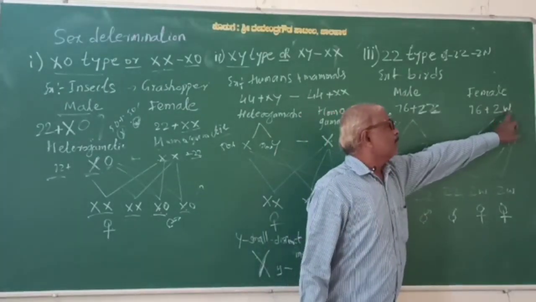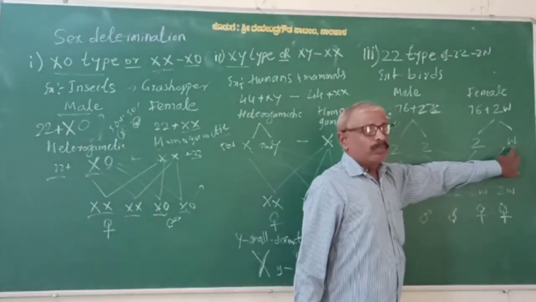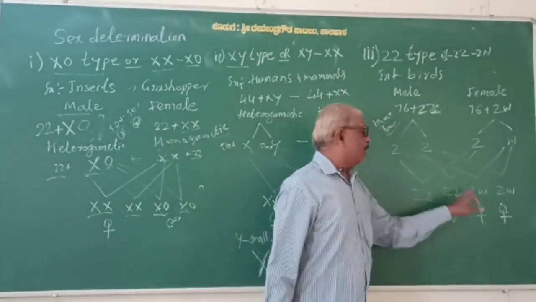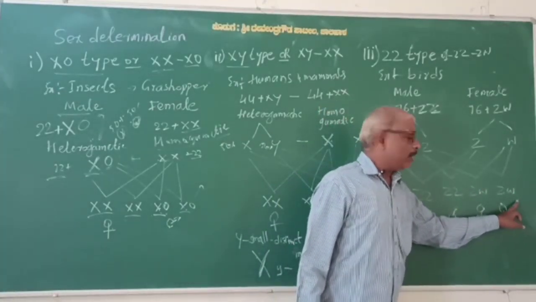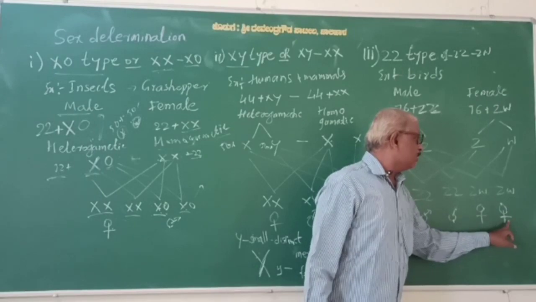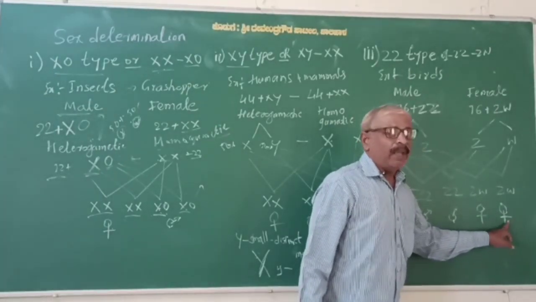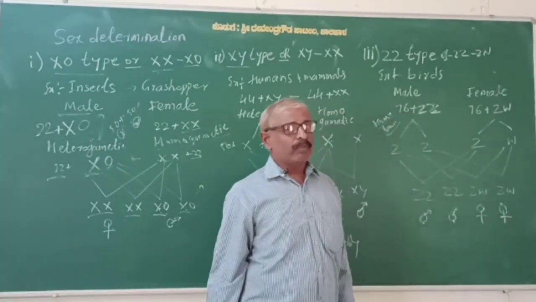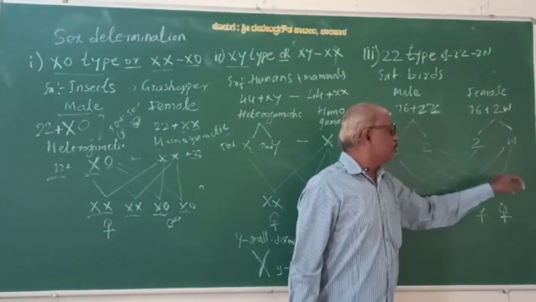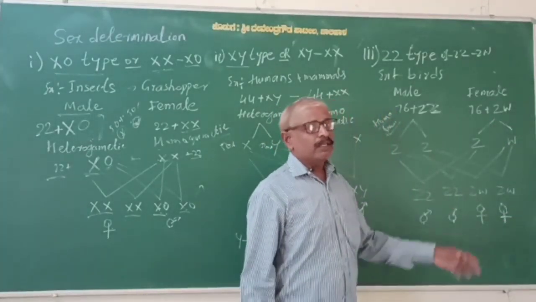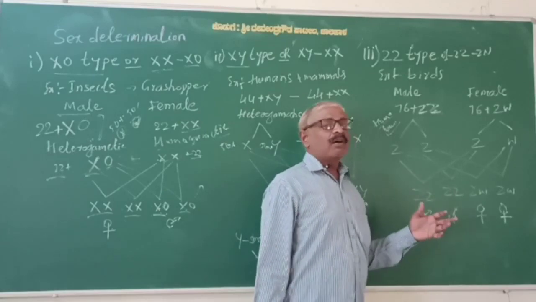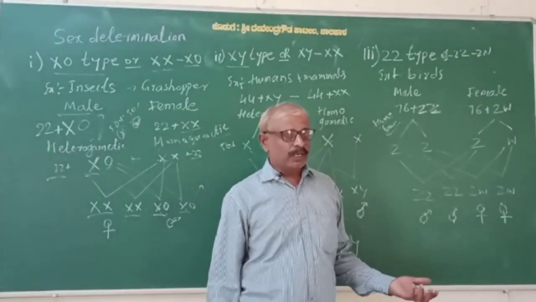But if the egg carries W and mixes with Z, 100% ZW happens here. That is once again the female. So here ZW, the female, is going to decide the sex of the offspring.